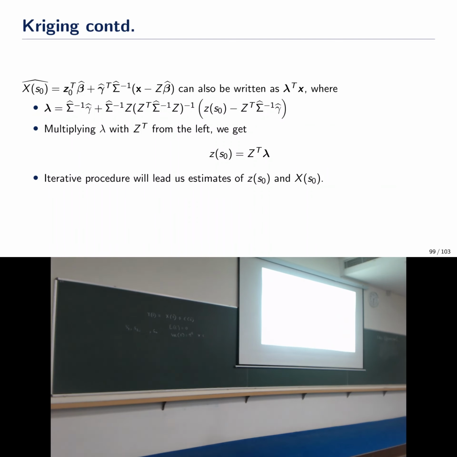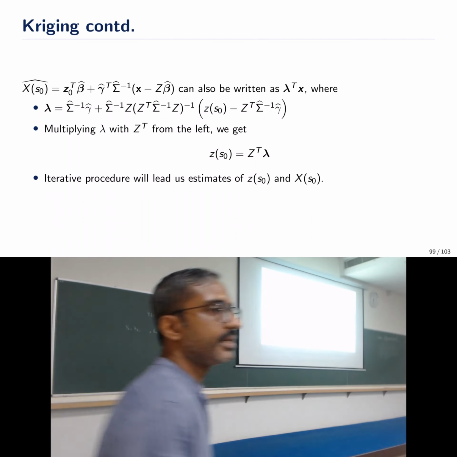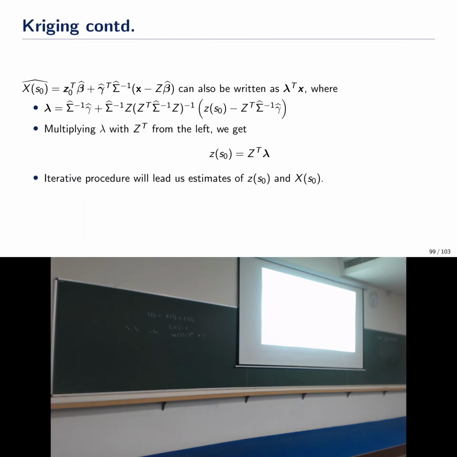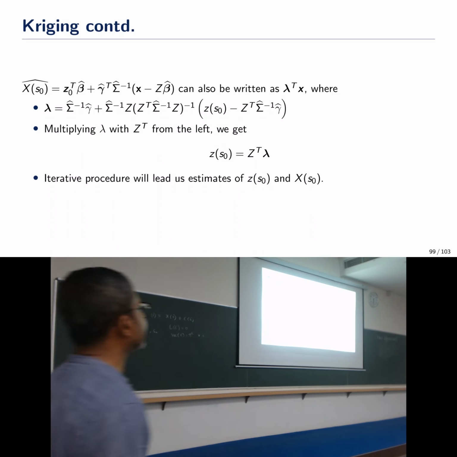So you can notice that this x S0 hat can be written as lambda transpose x, where this lambda is this, and if I pre-multiply this lambda with z transpose, that will give me back this z of S0.